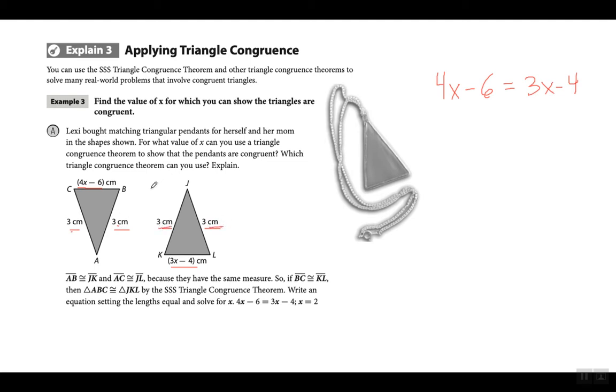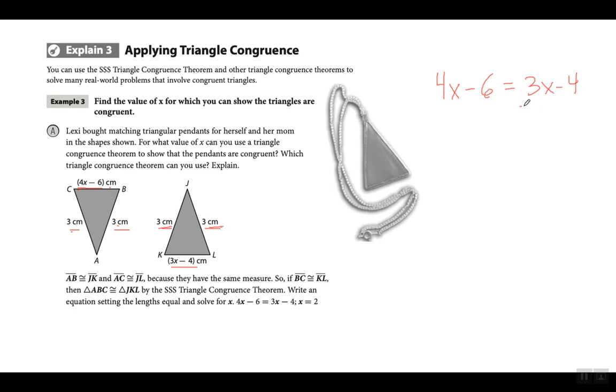Así que lo que falta para que los dos triángulos sean congruentes es que este lado mide igual que este lado. Ok, así que así voy a escribir mi ecuación. 4x menos 6 tiene que ser igual a 3x menos 4 para que los dos triángulos sean congruentes. Ahora, ¿qué valor tiene que tener x para que estos dos lados sean equivalentes?